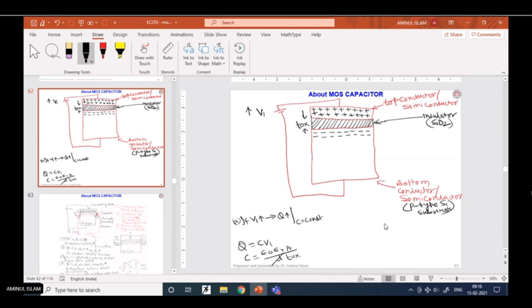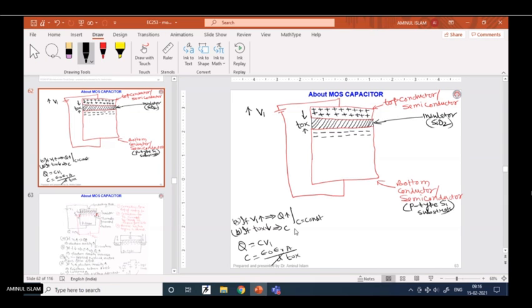So second point I am writing here, if d or TOX here is decreased, what happens to C?